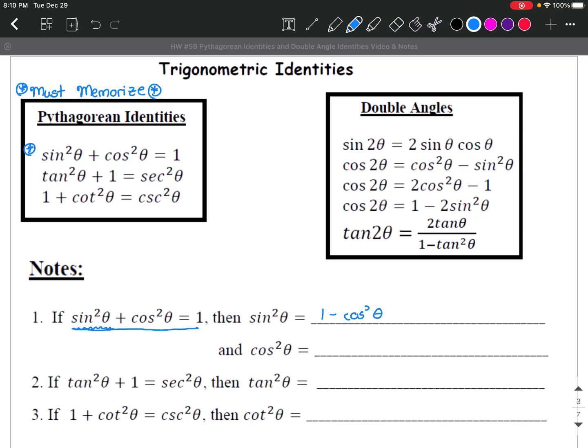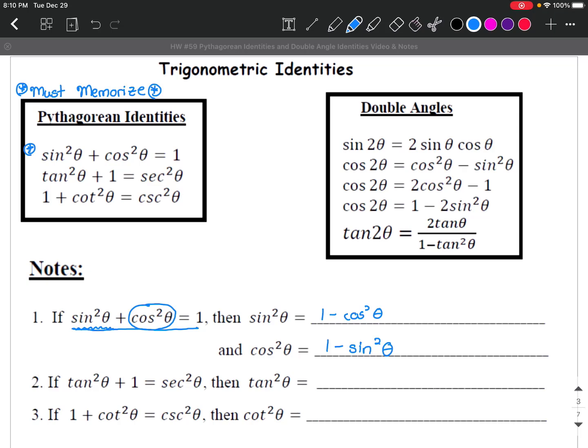Similarly, if we wanted to solve for cosine squared theta, we would subtract sine squared theta from both sides. So that first identity can be transformed into 2 more: sine squared theta is 1 minus cosine squared theta, and cosine squared theta is 1 minus sine squared theta.